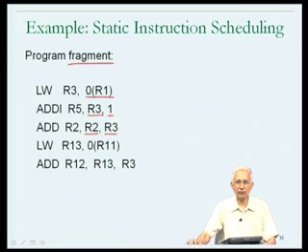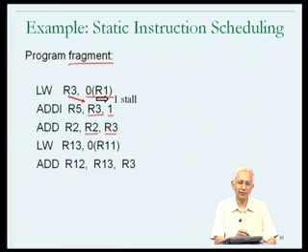Now, we first need to identify any problems with this piece of code in order to consider what kind of reordering of instructions might be useful. Currently, if we look at this piece of code and we bear in mind the concept of the load delay slot, we observe that there is potentially a problem as far as the value R3 being loaded and it being used in the immediately following instruction.